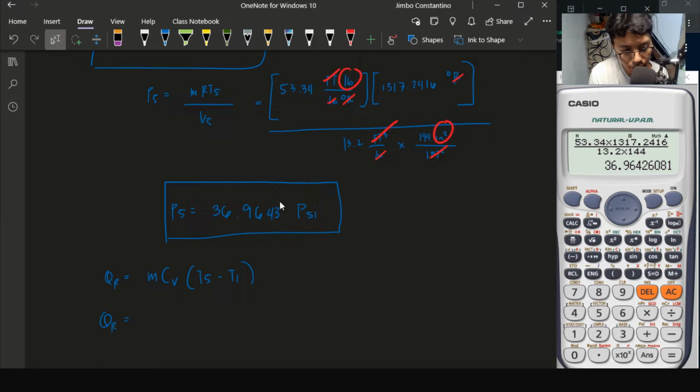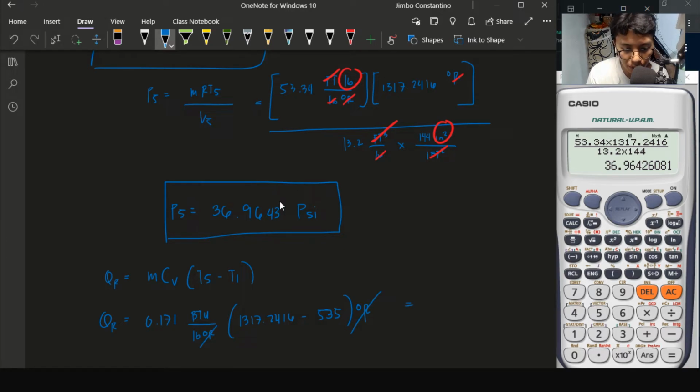QR is yung CV na lang, 0.171 BTU per pound degrees Rankine, multiply to T5, which is 1317.2416 minus 535 degrees Rankine. Cancel the same units.